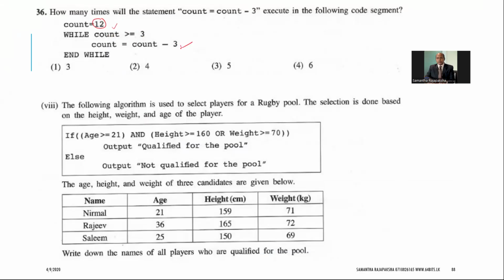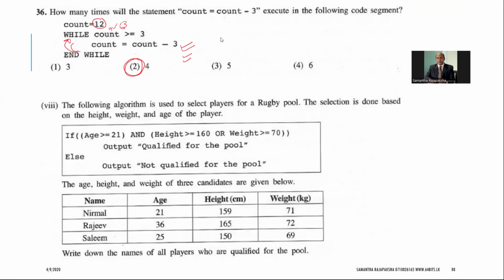Count will be reduced by 3, then count becomes 9. 9 is larger than or equal to 3, yes, executed, and reduced by 3, it becomes 6. 6 is larger than 3, executed. Then you go back, reduced by 3, that means it is 3. 3 is larger than or equal to 3, executed. That means 4 times. So the next time it becomes 0. It will execute 4 times.